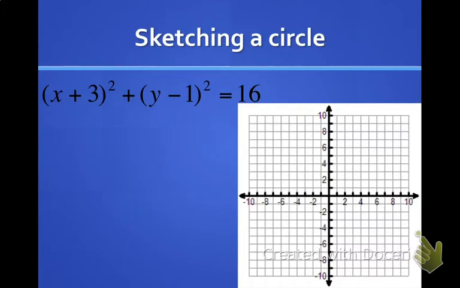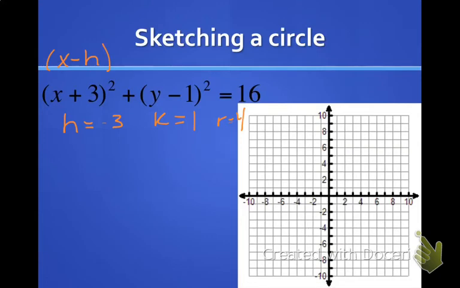To sketch the circle, we're going to work backwards a little bit. We're going to figure out that h was -3, because remember that this comes from x minus h. So what's being subtracted that makes it look like a plus? Well, we must be subtracting a negative. k is +1, and r is 4.